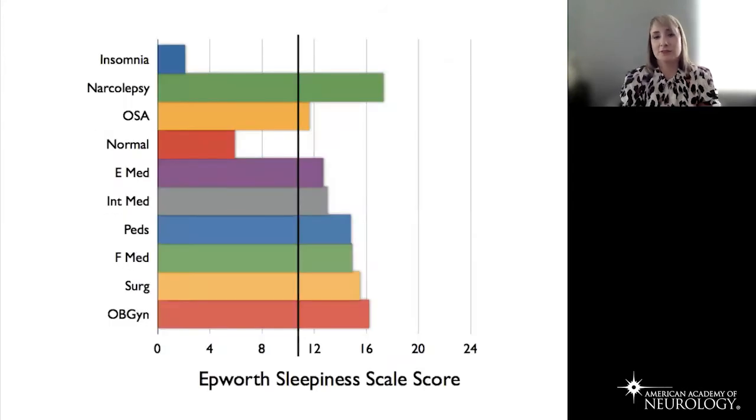And so this is a study from back before duty hours, but they were looking at different residency programs and the Epworth Sleepiness Scale score, and you can see different specialties here. Neuro's not in here, but you get the idea with the other specialties that are here. All of the house staff that were included in the study were looking like a patient with obstructive sleep apnea, so OSA, or even narcolepsy, right?